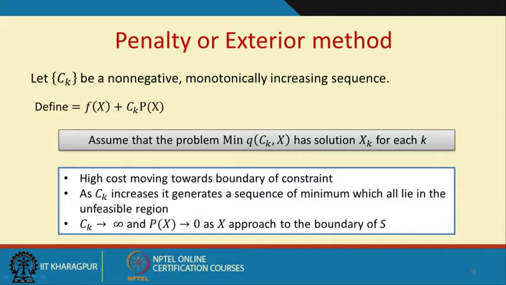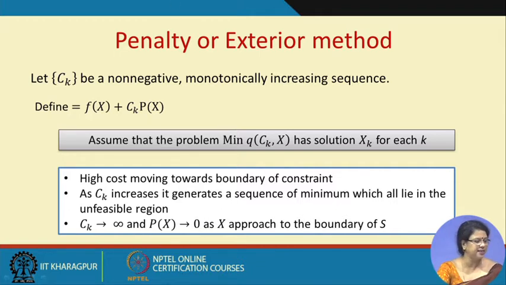The next is that if Ck increases, then it generates a sequence of minimum solutions. If we go from the lower value of C to the higher value, we will get a sequence of minimum values, and from that sequence we will find the limit point, and that limit point of the sequence of optimal solutions will give you the optimal solution of the original problem.